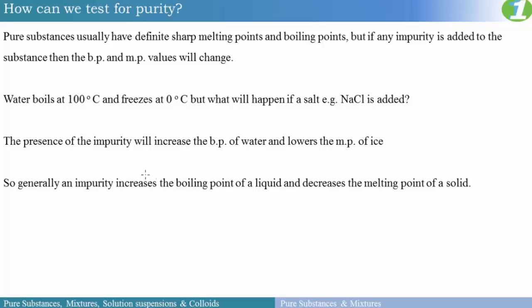So generally, an impurity increases the boiling point of a liquid and decreases the melting point of a solid. Just remember, if a substance is pure, it will boil at its boiling point or freeze or melt at its melting point. If it is impure, the melting point will be lowered and the boiling point will be increased.